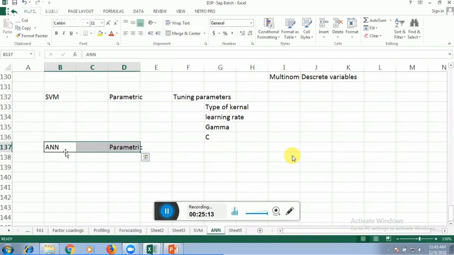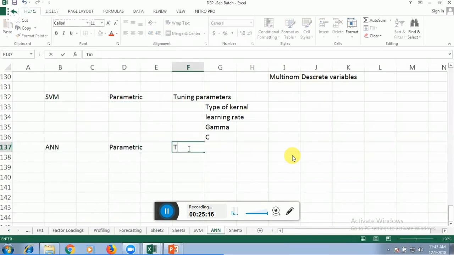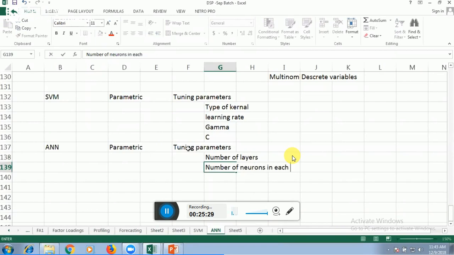And for ANN, what are the tuning parameters? Number of layers, number of neurons in each layer, learning rate, activation function, threshold, tolerance, and number of iterations in case you want to use that.